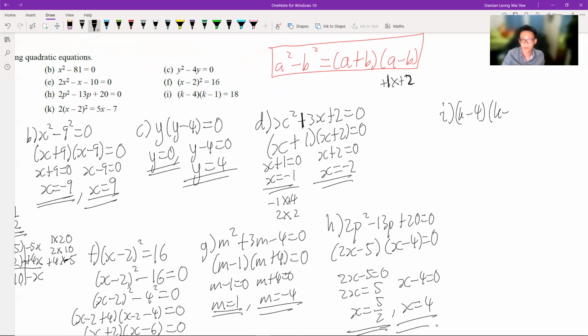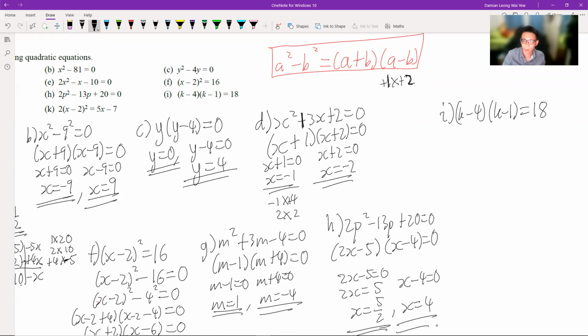However, it is not. Okay, and there is no shortcut to doing this question actually. What we have to do is expand it first, then put into your general form and factorize them.